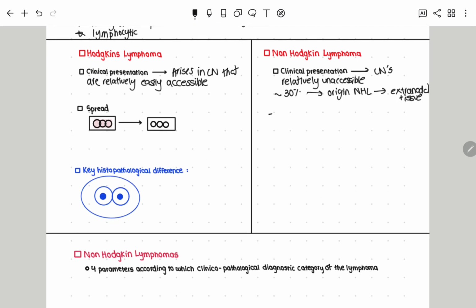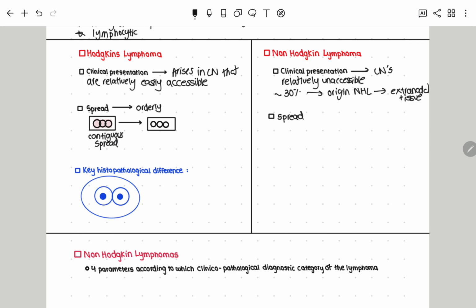Second thing is to do with how these cancer cells or these metastatic cells, malignant cells, how do they spread? And the spread of Hodgkin's lymphoma is usually said to be in an orderly fashion. And the word you'll see thrown around is contiguous spread.